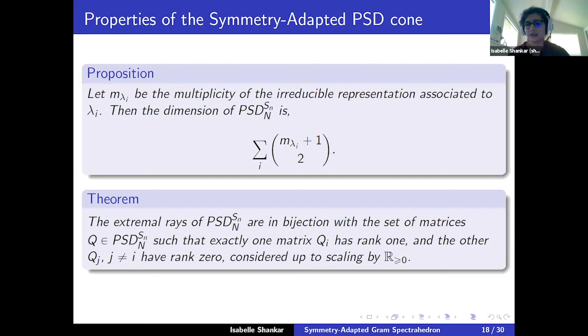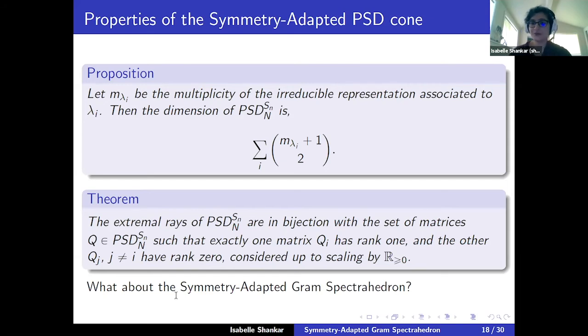In the S_n case, you always get the trivial representation, so you'll always get rank 1 matrices, but there are other interesting cases. In our paper, we look at the icosahedron and find that the irreps that appear there are of dimension 3, 4, and 5, which means that the extremal rays of the associated symmetry adapted PSD cone will all be defined by matrices of rank 3, 4, and 5 exactly. So it's kind of a neat little difference, I think.